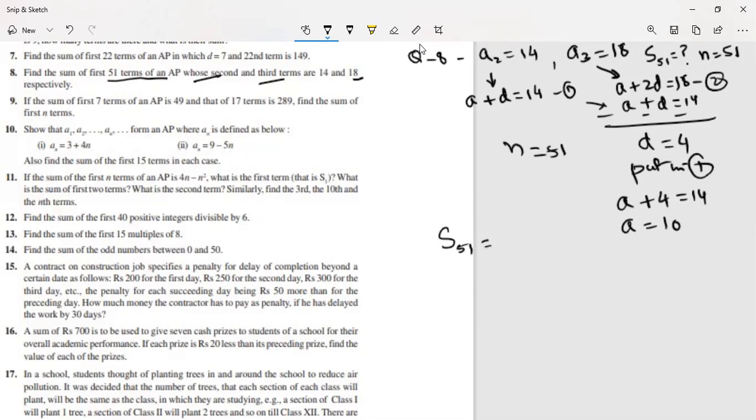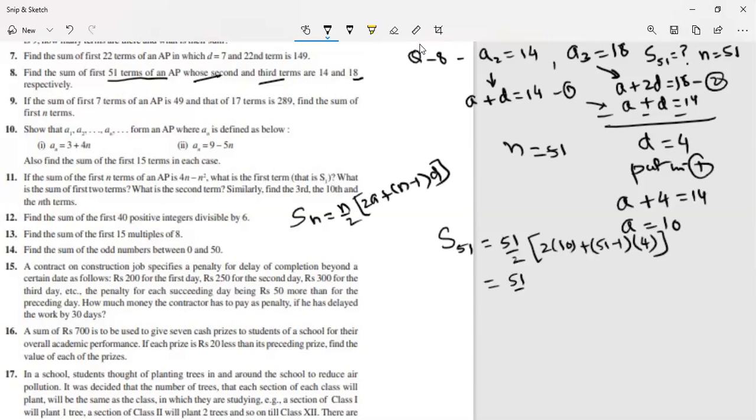We remember this formula, Sn is equal to N by 2, 2A plus N minus 1 into D. So 51 by 2, 2 into A which is 10, plus N minus 1, that means 51 minus 1, into the common difference 4. So 51 by 2, 2 tens are 20, 50 into 4.